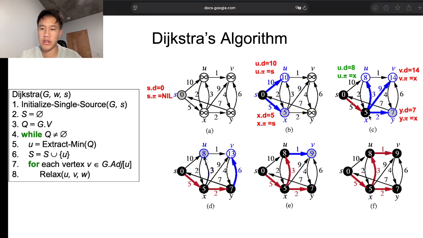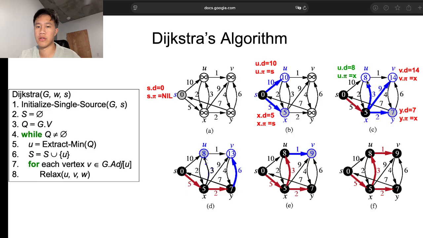So for node X, there are 3 edges pointing out to nodes U, V, and Y. And for node U, this part is more technical because the sum of its predecessor plus the edge weight, 5 plus 3, equals 8, right? 8 is smaller than its originally assigned value of 10. So which value are we going to take?